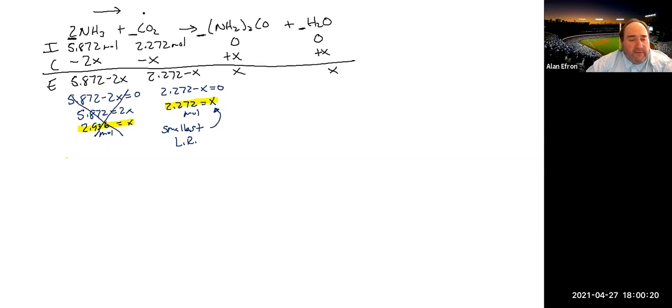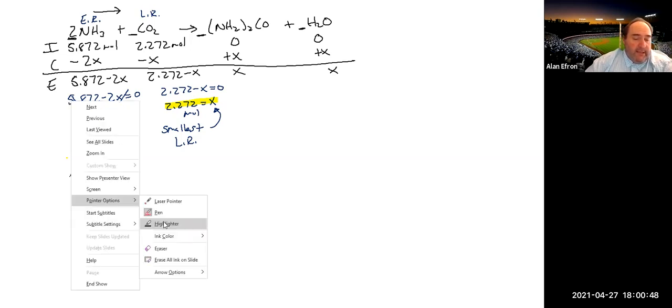And we know just from that there that our CO2 in this reaction is our limiting reagent. And as we talked about last time, if you're able to determine one as either being limiting or excess, the other guy has to be the opposite. So that would mean that our NH3 here would be the excess reagent. Any questions on that?